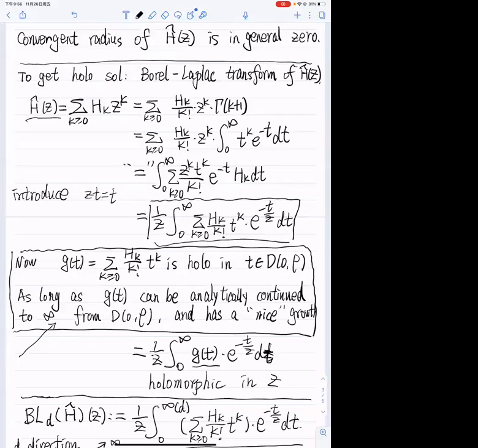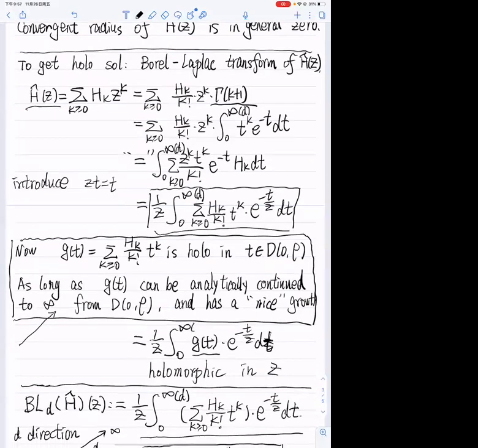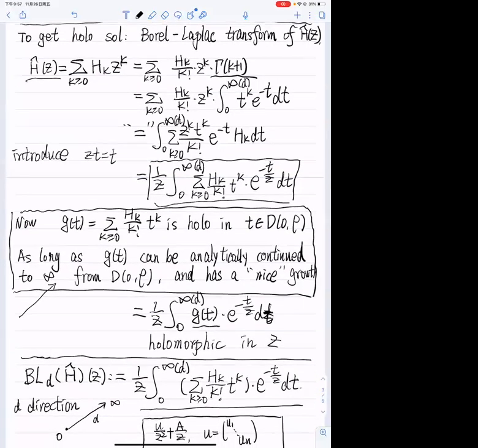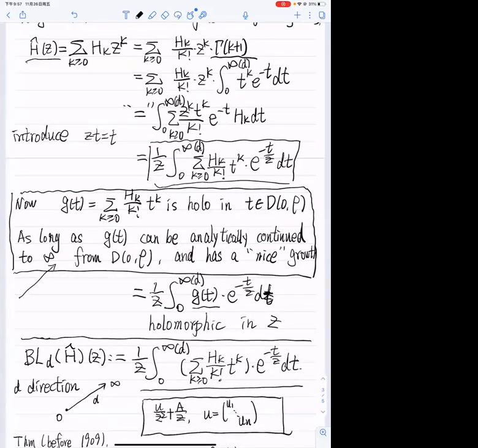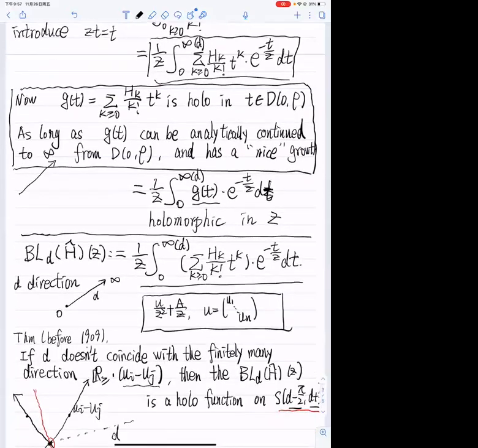Yeah, when I rewrite this gamma function, I can also add d here, so I can let everything depend on the direction d. When you make the change of variables, t equals zt, then you're rotating anyway by multiplying by z. So you're right, therefore I didn't write d here. The direction d is a piece of the data in the definition of the Borel-Laplace sum.